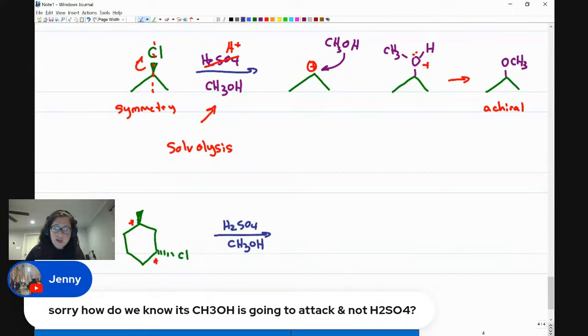How do we know it's the CH3OH going to attack and not the H2SO4? This is such a good question, and that's why I'm answering it multiple times, because professors somehow don't seem to convey this enough. H2SO4 is not a nucleophile. For SN1 nucleophilic substitution, we need a nucleophile to attack.